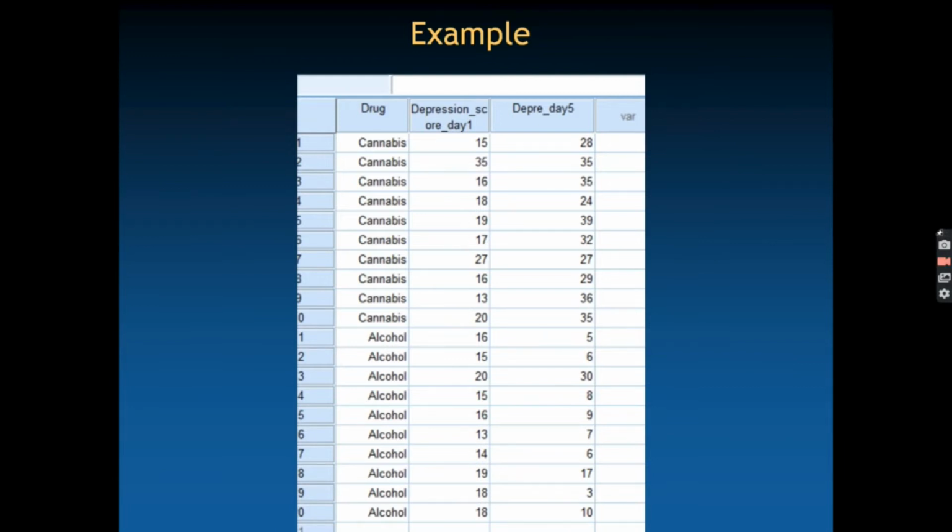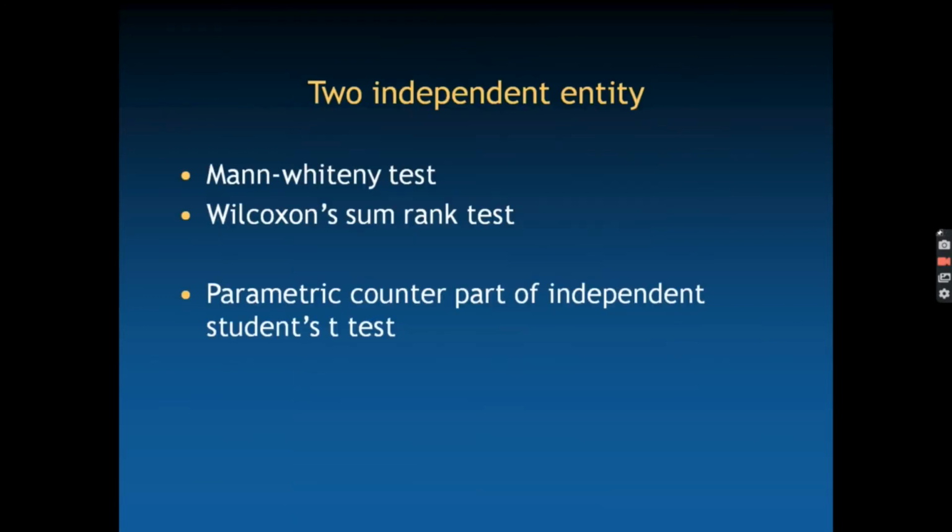We want to see whether the consumption of cannabis has more effect on depression, or the consumption of alcohol has more effect on depression. So basically it is a depression score scale. We have two different groups of people.